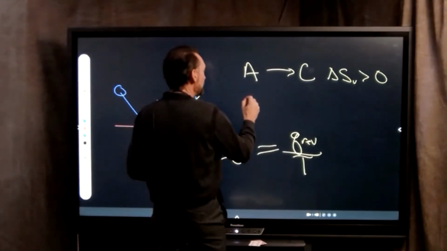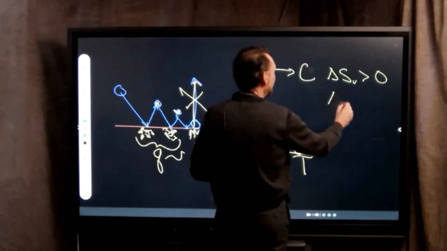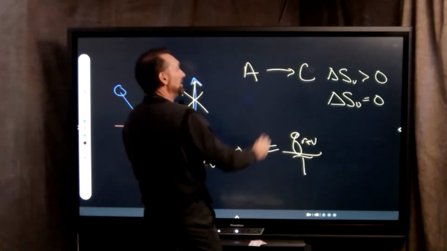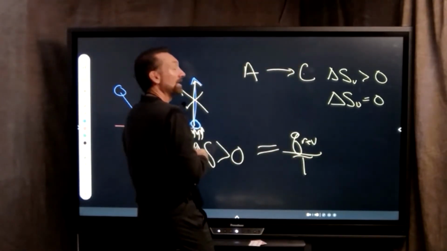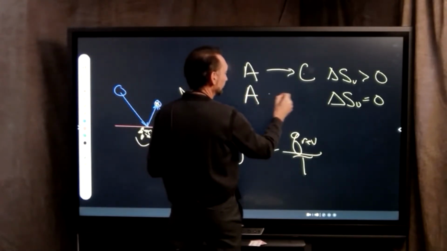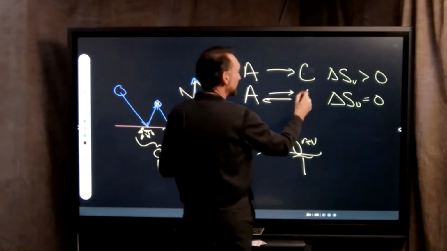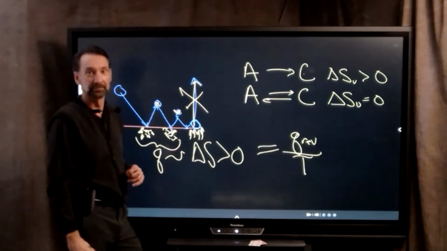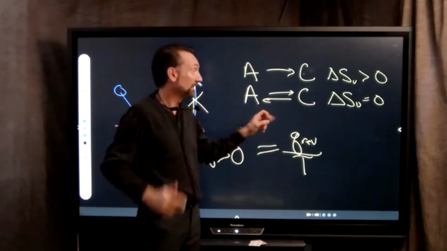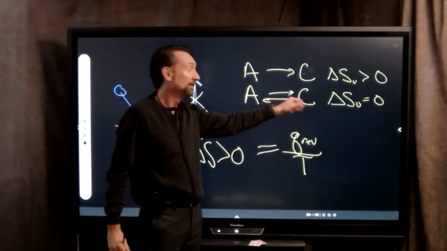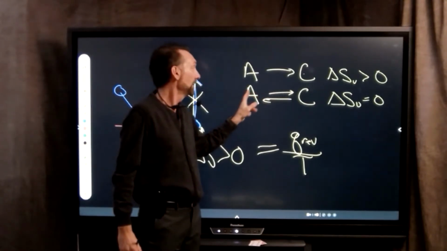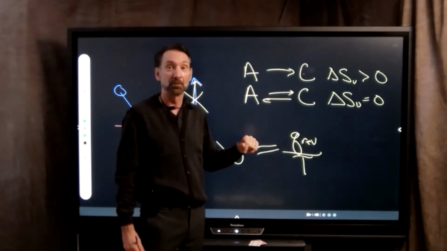If the universe is indifferent, that is, the entropy of this side and the entropy of this side are the same, then it's equally likely to find the system on either side. So that means the system is reversible in the sense that if you're here, just a tiny push will get it to go there because it's just as likely to be here. And if you're here, just as likely to push it, it would go either way.